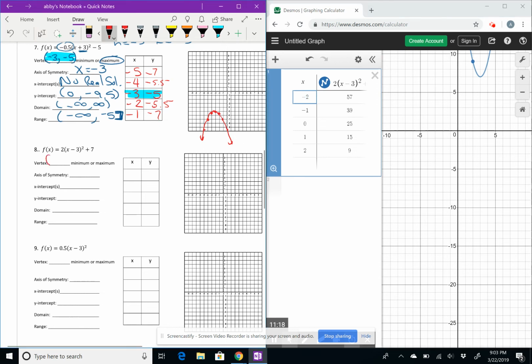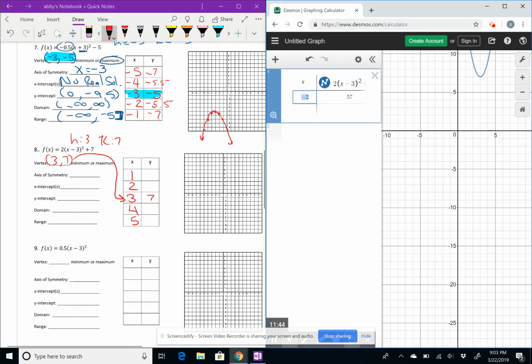So we know the vertex is going to be 3, 7, because the h is 3, and then the k is 7. So if you put that in the middle right away, you can build your table around it. Count backwards, so 2, and then 1, and then count forward, 4, and then 5. Now, once you do that on the table, you delete all these numbers and make the table look like yours. All I'm doing is entering the numbers.